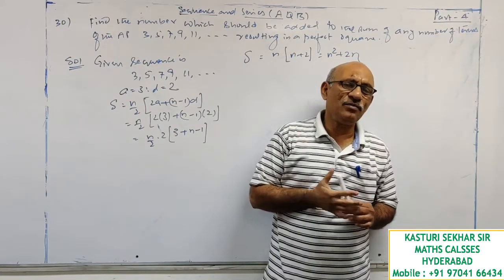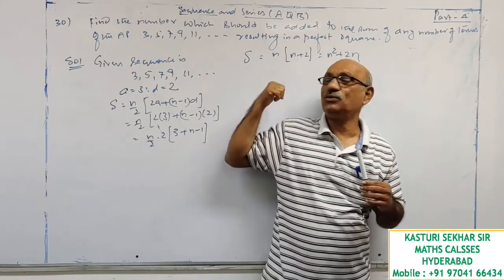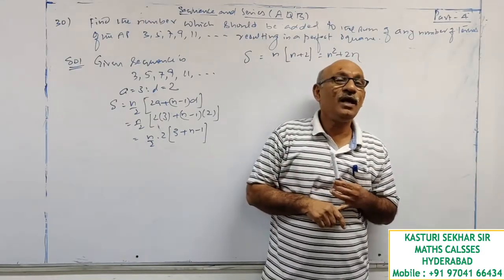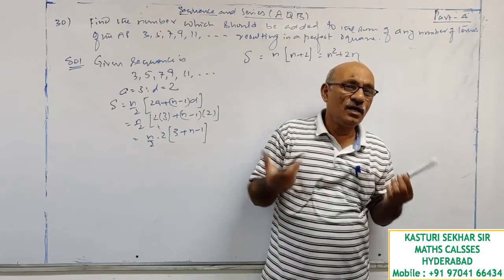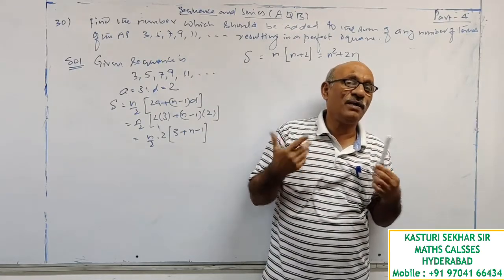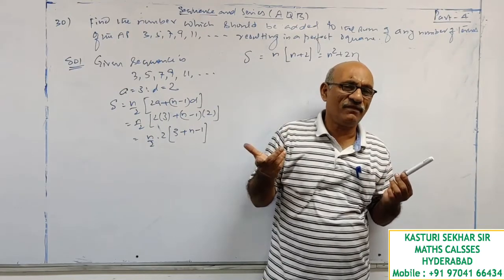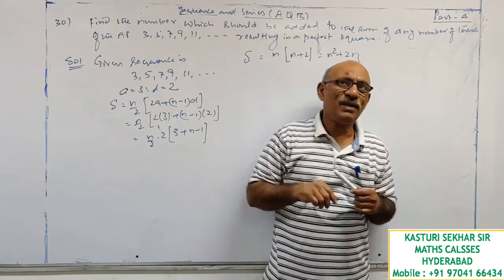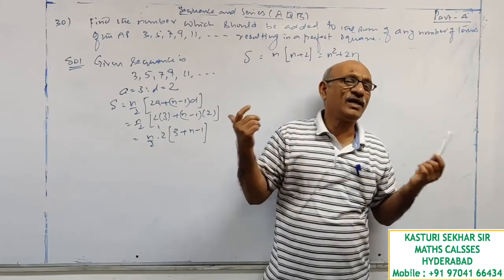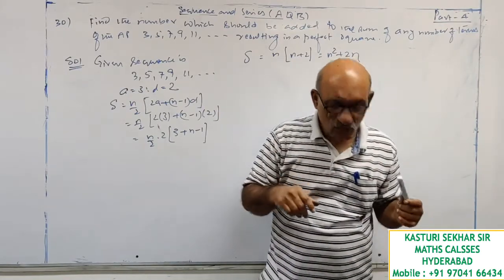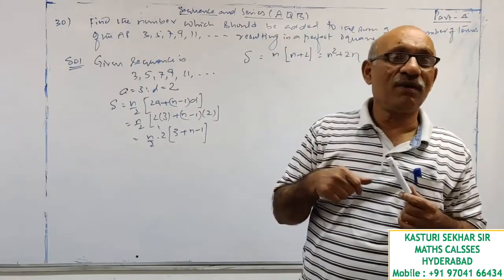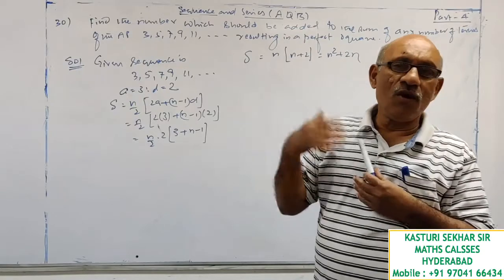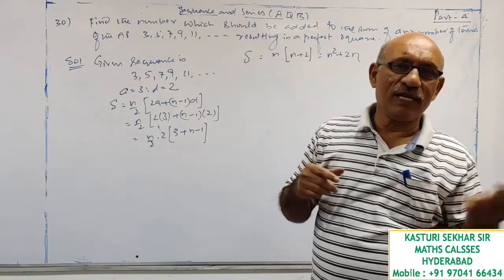When a number is added to the sum of terms of the given arithmetic progression, it will become a perfect square. A perfect square is either (a+b) whole square or (a-b) whole square. So what should I add? There are infinite numbers of terms we have.